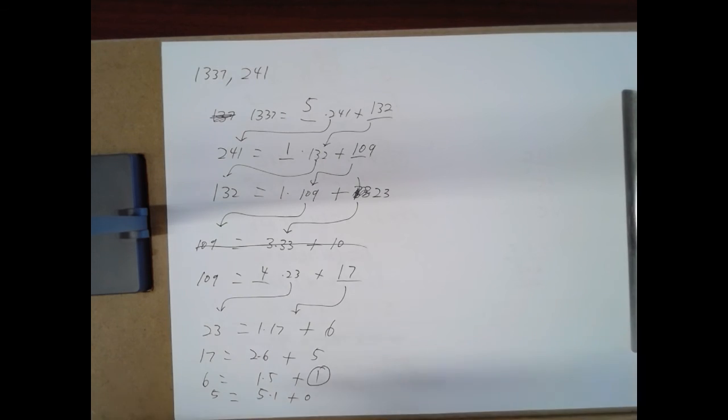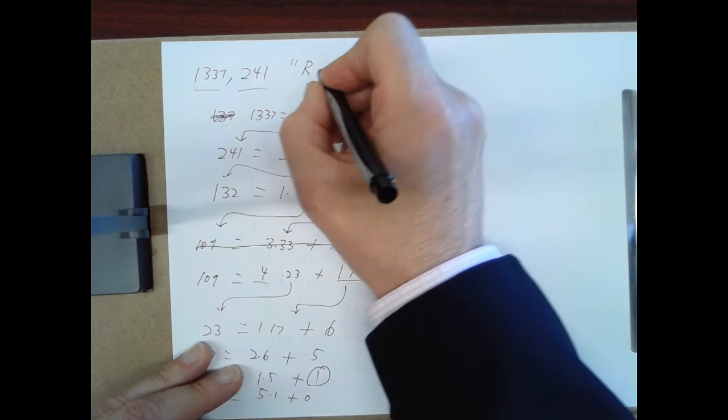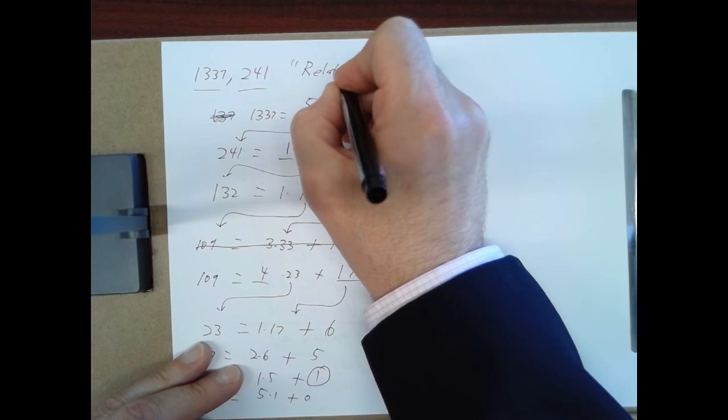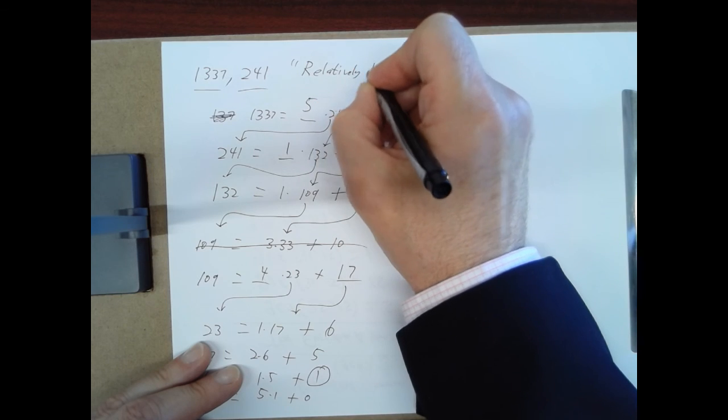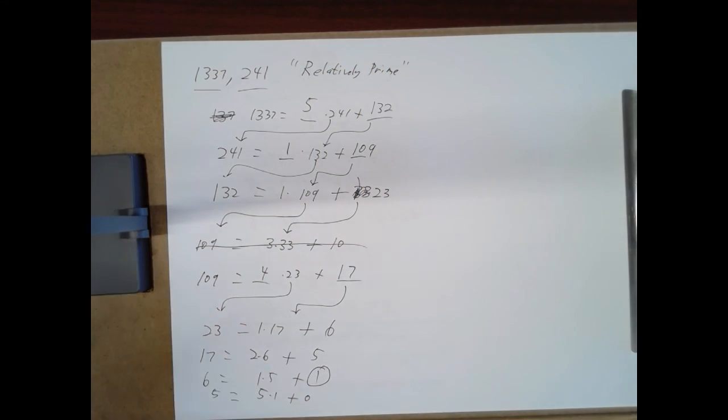So after all that, these two numbers have no common factors other than 1, which is a special case where we say these two numbers are relatively prime. Two numbers are relatively prime if they have no common factors.